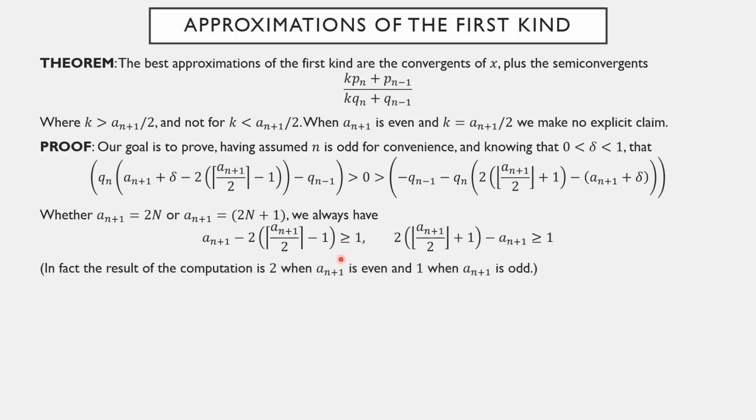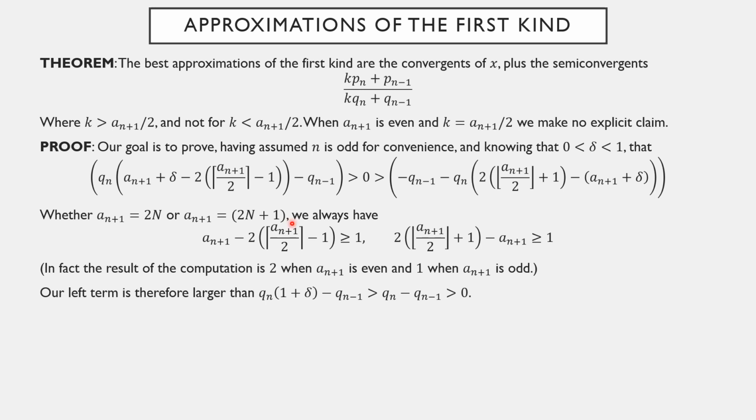So if an plus 1 is even, say 2 times capital N, then this is exactly n, and you'll end up with exactly a 2n, but that's an plus 1. Those will cancel, you'll get a 2 here. Similarly, here you'll get a 2n over 2. That's just going to give you an n, which rounds down to n. This is going to be exactly 2. But when an plus 1 is odd, both of these are exactly equal to 1. So in either case, they're both bigger than or equal to 1. And again, this is just some arithmetic that you can check. We're going to skip over it.